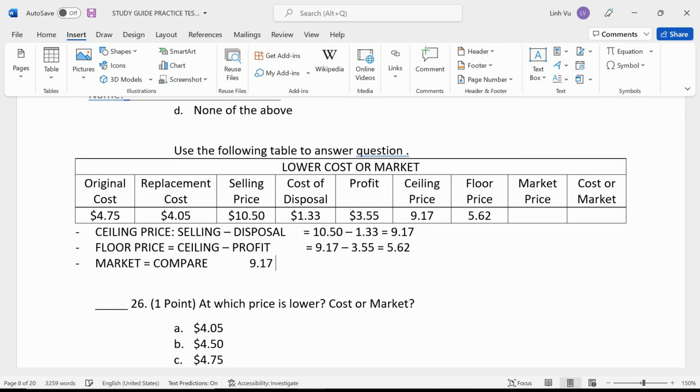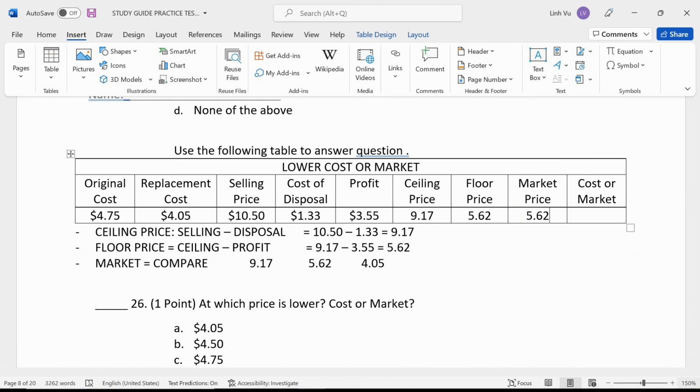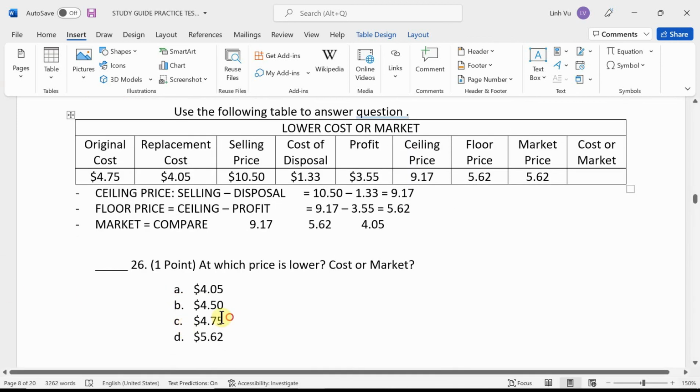Your ceiling is $9.17, your floor is $5.62, and your replacement is $4.05. Which one's in the middle? You said $5.62, which is correct. Now the last question asks, which one's lower: your original cost of $4.75 or your market price of $5.62? $4.75 is definitely lower.